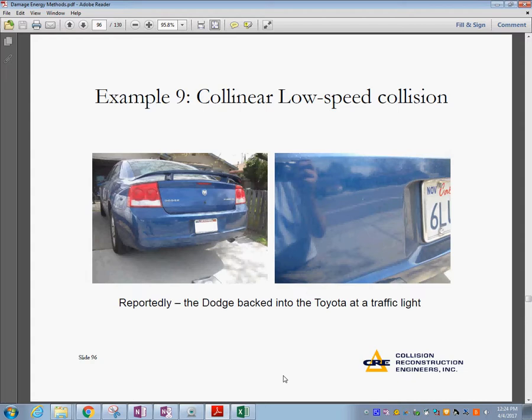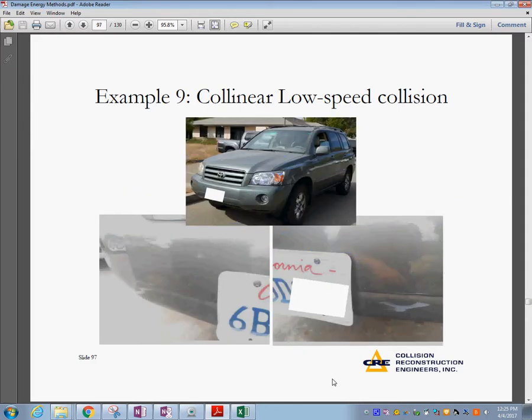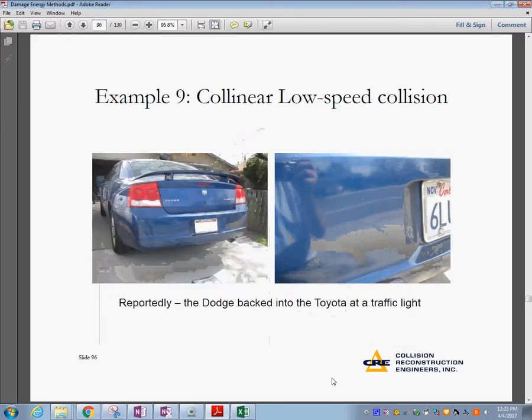Dodge backed into the Toyota at a traffic light. This is the Dodge, or this. Let's see, which one is this?